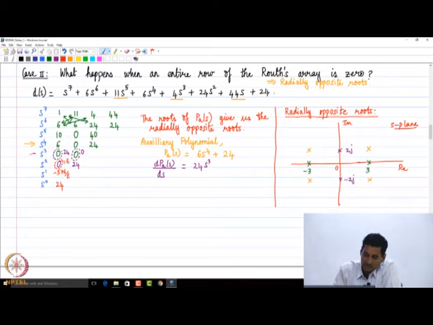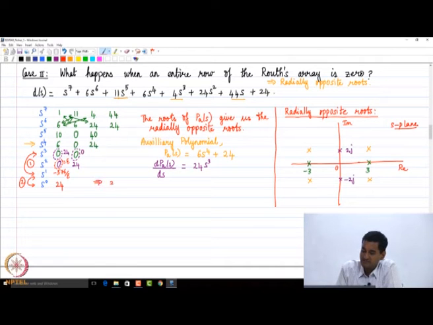So from here to here is one sign change, and from here to here, from minus 576 by epsilon to 24, is another sign change.